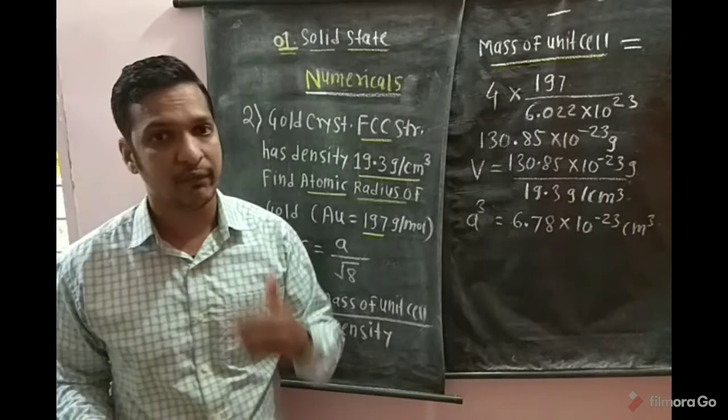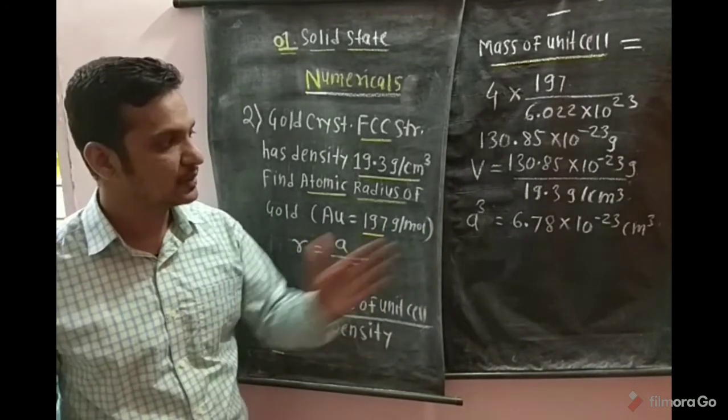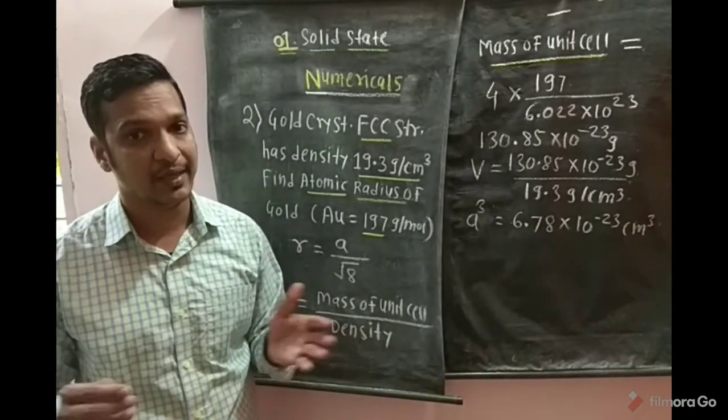Now we want the value of A, so we have to convert this A cube into A form. A cube is equal to 6.78 into 10 raised to minus 23 cm cube. So A is equal to how much?